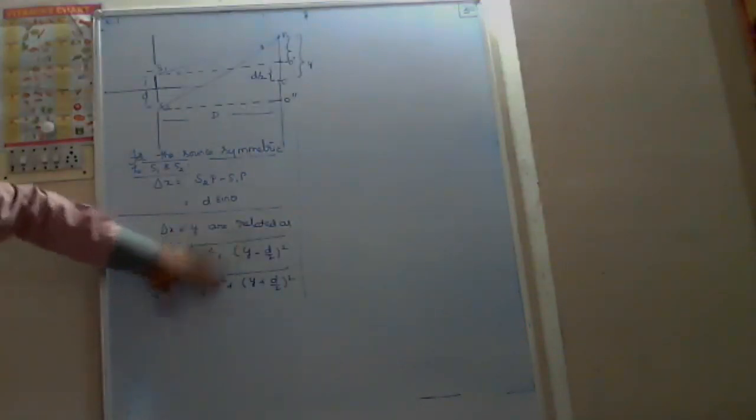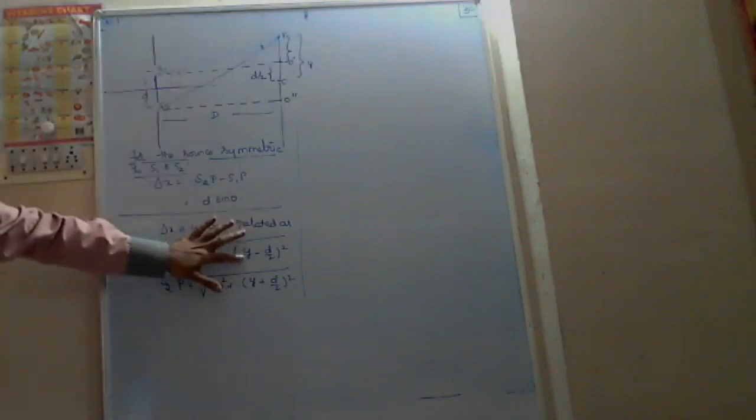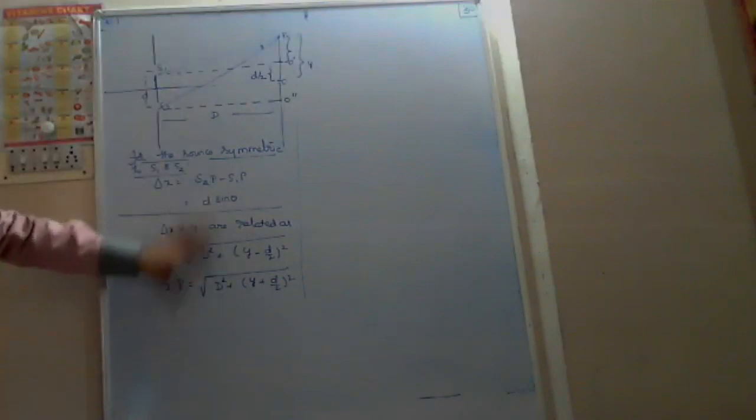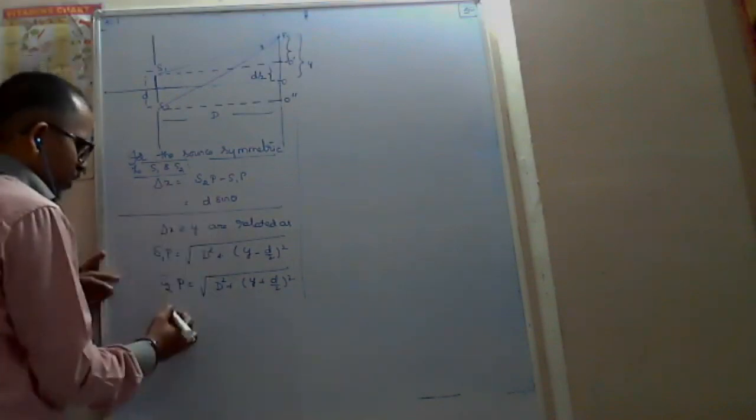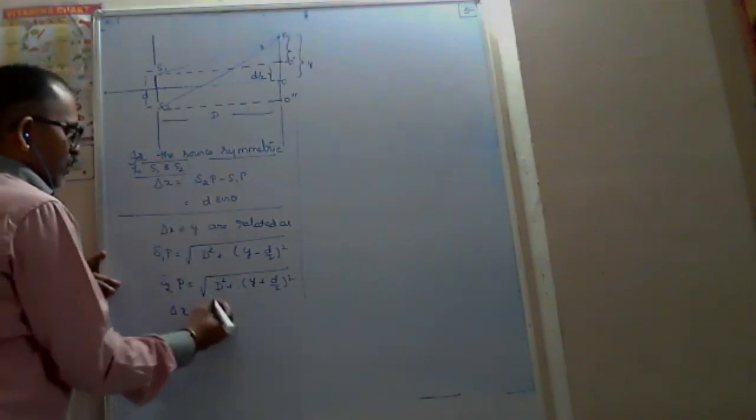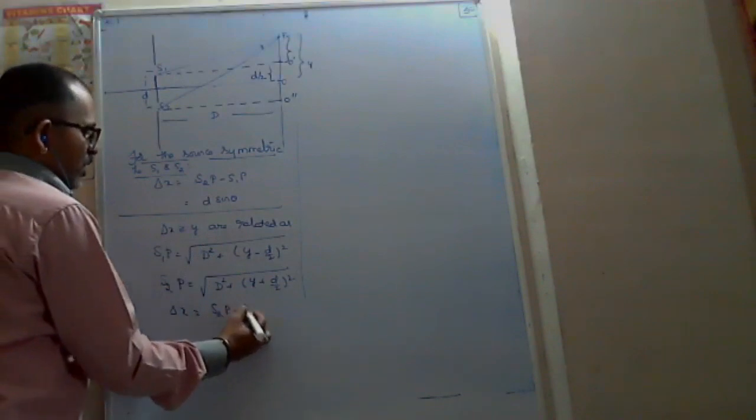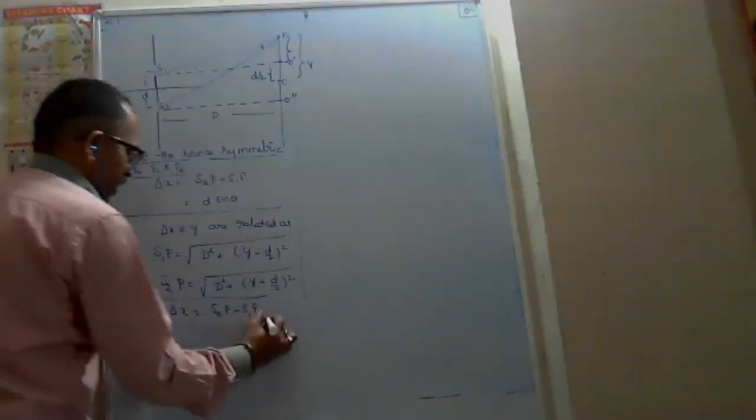If you know all the values including y, you can calculate the path difference according to the formula. Therefore, delta x is S2P minus S1P, directly from there.